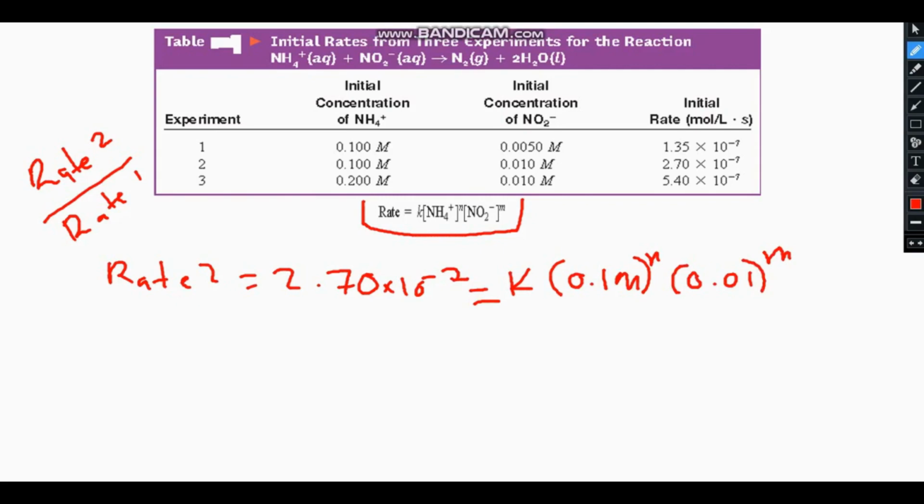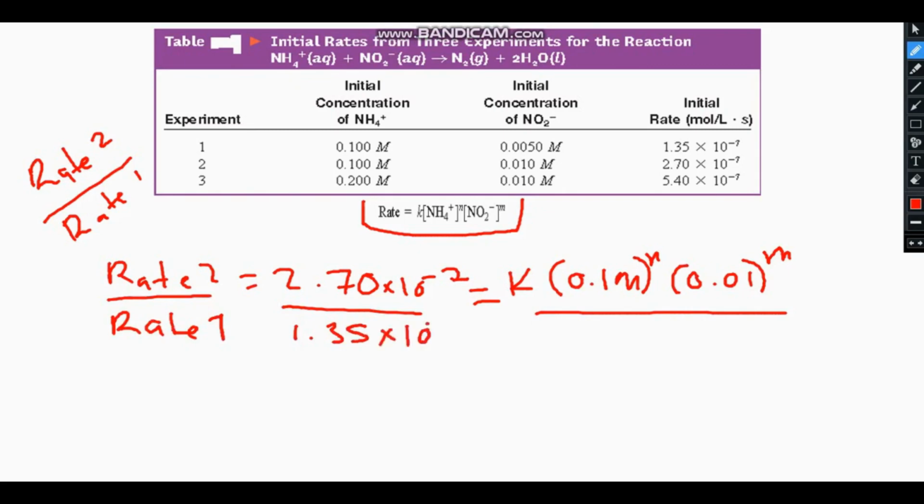So let us divide this with experiment 1. So we say rate for 1. The initial rate is 1.35 times 10 to the power negative 7. We have the k. The concentration of NH4 plus is 0.1 M to the power n, open bracket, the concentration of NO2 minus is 0.005 M to the power m.